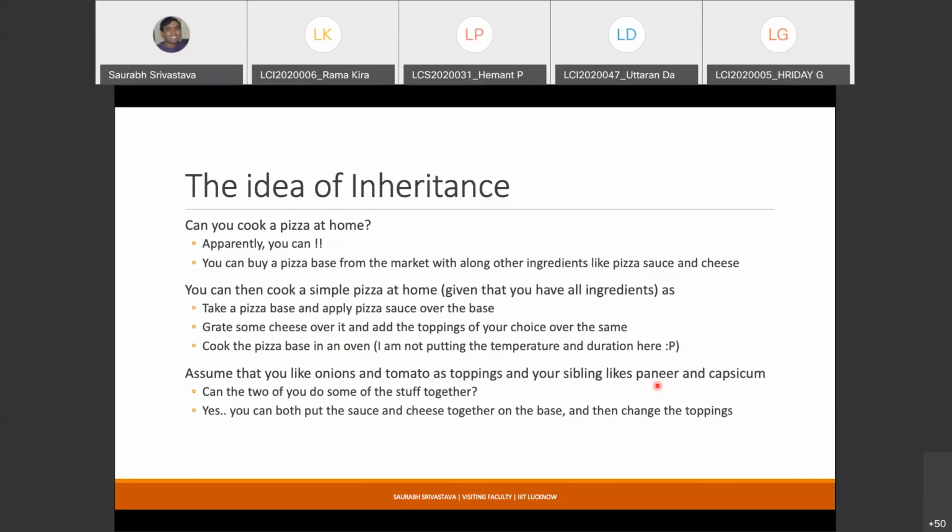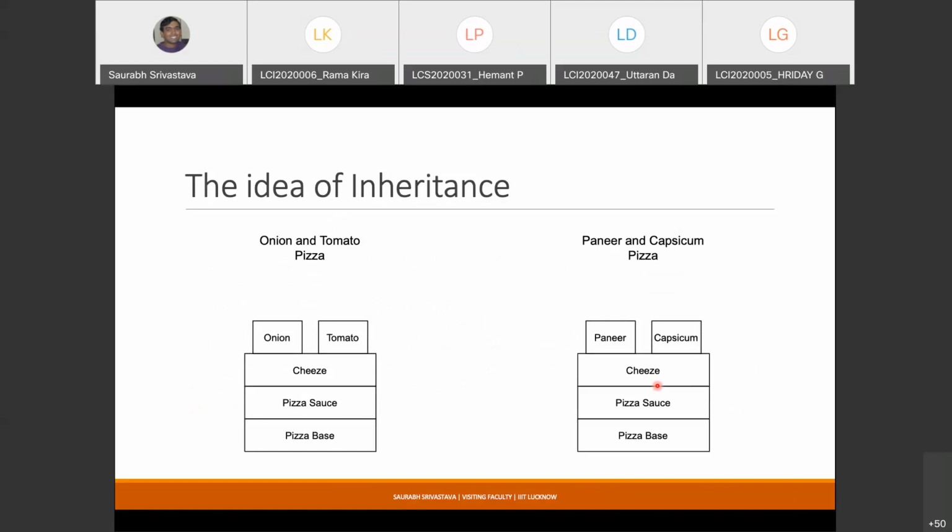This whole concept, where there is something common up to some particular step, is not just in cooking, you'll also find it in computer science. Let us look at this picture. Essentially these three layers are exactly the same in these two pizzas. It's just that the last layer changes.